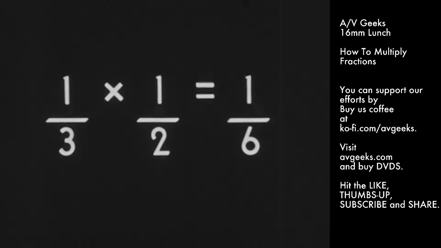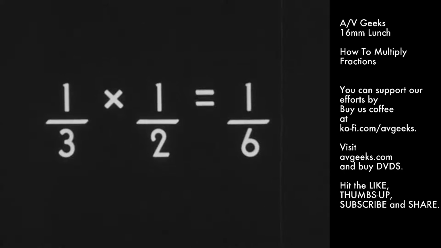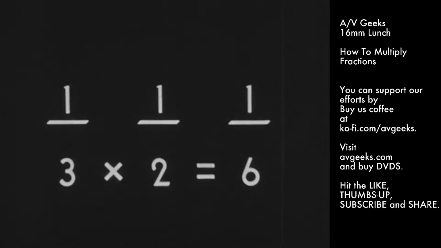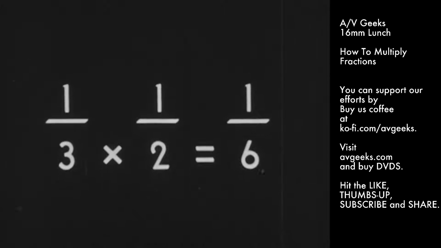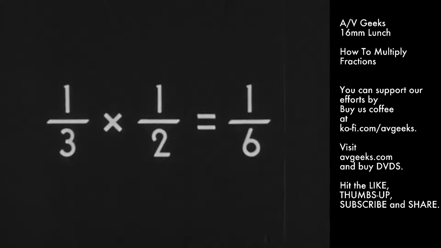So, if we multiply the numerators of our problem together, we will have the numerator of our answer. Let's do that again. If we multiply the denominators of our fractions together, we have the denominator of our answer. If we multiply the numerators of our fractions together, we have the numerator of our answer. That is our rule. It's an easy one to remember.